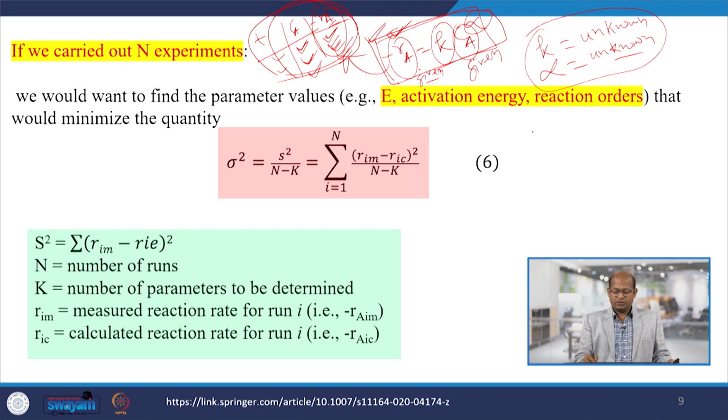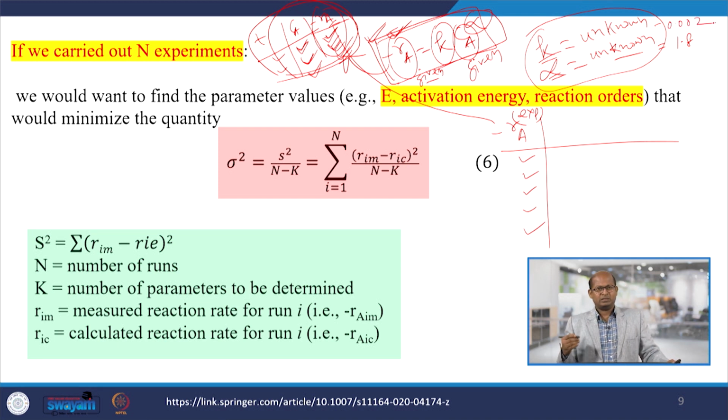Okay. So, here what we have to do, minus rA experimentally we can find out from here, these data points we can put. Okay. And see here we have to choose alpha and k values such that, let us say, alpha value 1.8 we are choosing, k value 0.002 we are choosing.